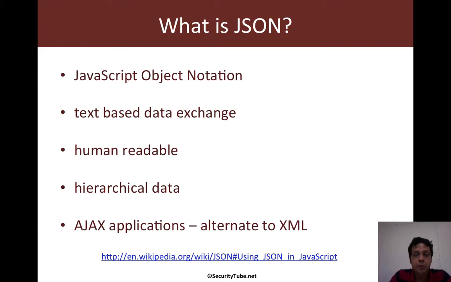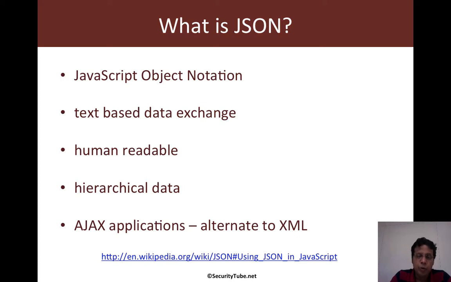For some of you who've never heard about JSON, JSON is JavaScript Object Notation and, very simply put, is a text-based data exchange protocol used by applications on the web. It's text based, at the very same time human readable, and data can be arranged in a hierarchical way.